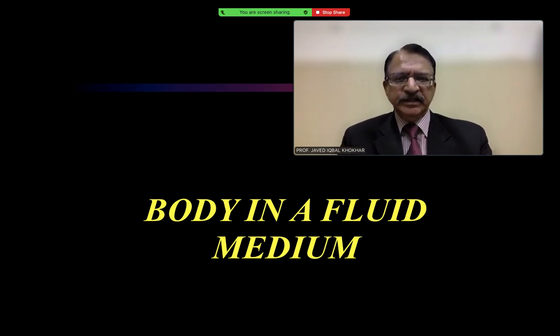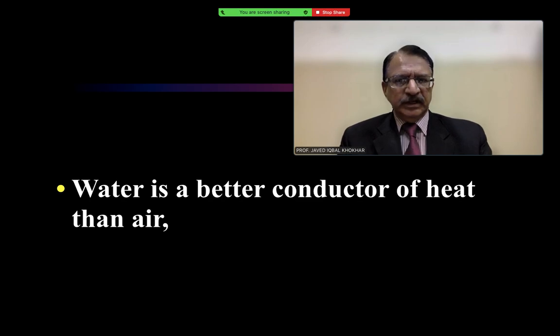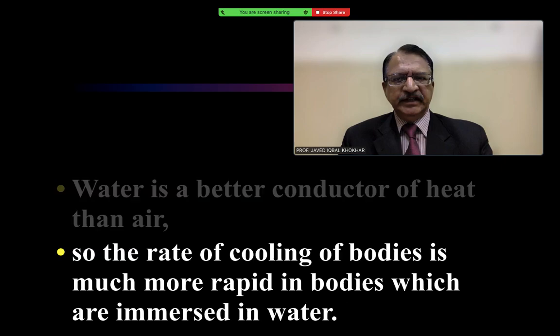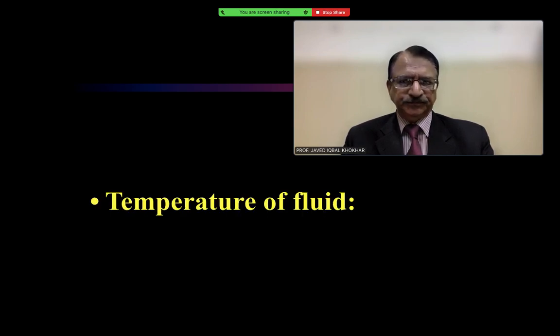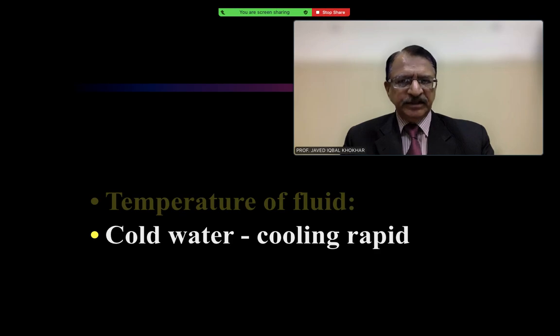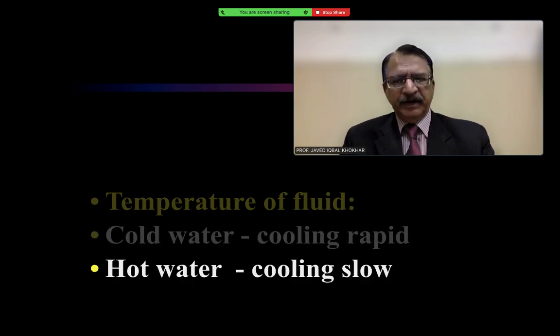And when the body is in a fluid medium, whether it is water, which is a better conductor of heat than air, the rate of cooling of bodies in the fluid will be faster than in air. So the temperature of the fluid is also important. In cold water, it cools rapidly, and in hot water, it cools slowly.